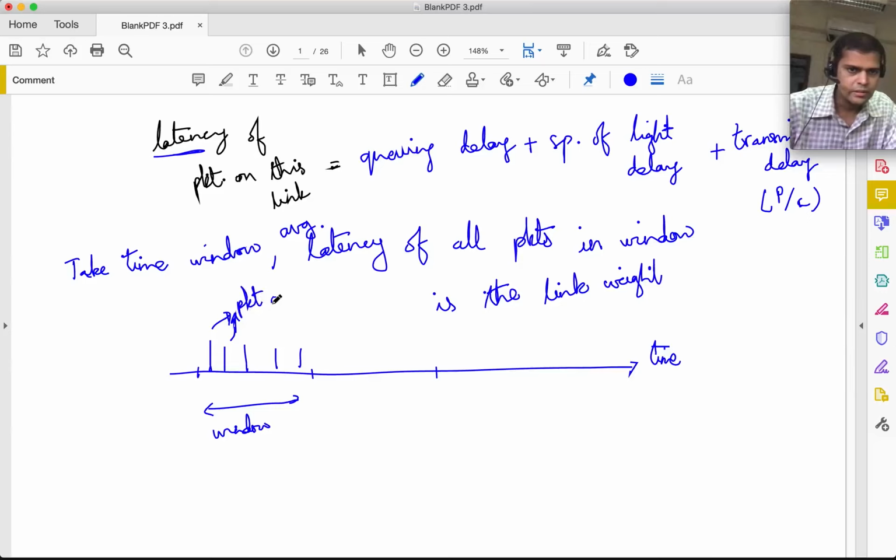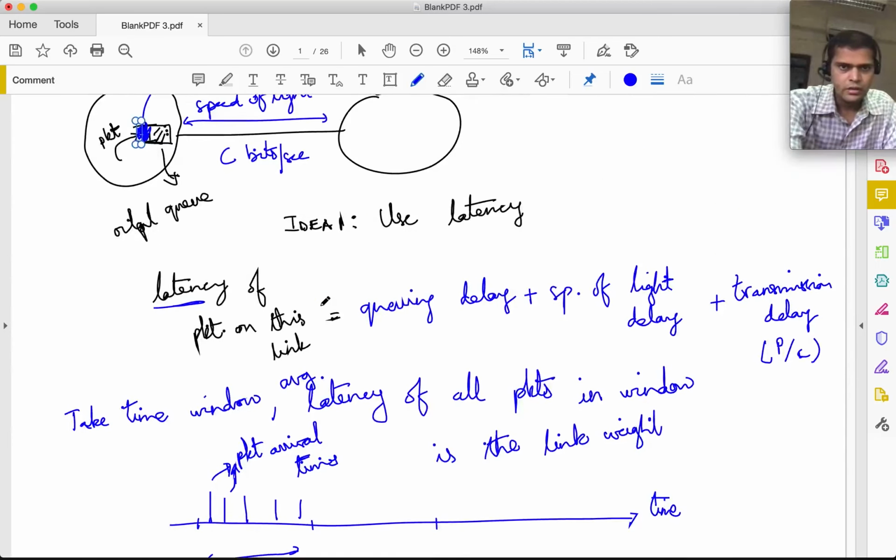So I'm just plotting the packet arrival times. For all these packets, you compute the time taken essentially to go across the link, and you take an average of those, and that gives you, let's say, the cost of a particular link.